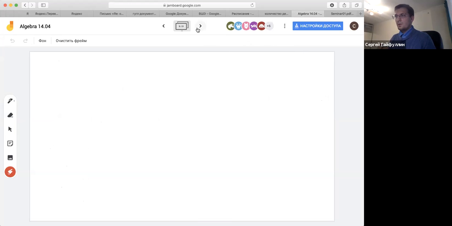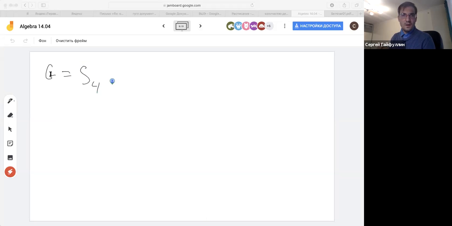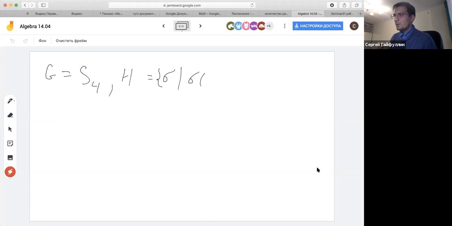Okay, now let's deal with the second task. So we have G equals S4, and H equals such sigma that sigma of 4 takes 4 to 4.